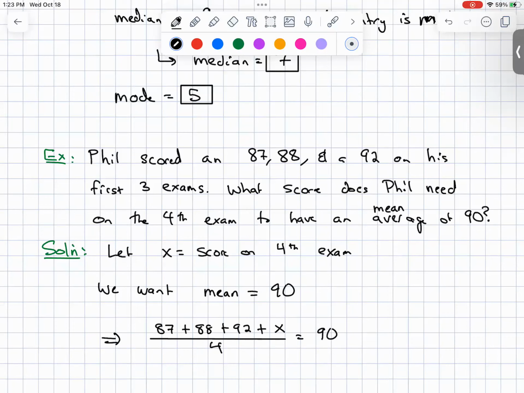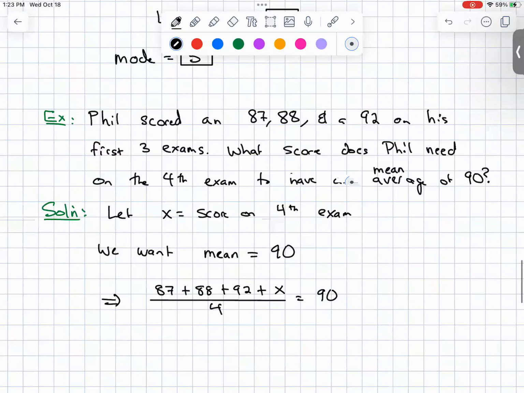We can solve this in a number of ways, but we're trying to solve for X. I'd like to simplify the numerator first, just to combine all those constants. So I get 267, if you add them together: 87 plus 88 plus 92. Yes, 267 plus X, all divided by 4, is equal to 90.